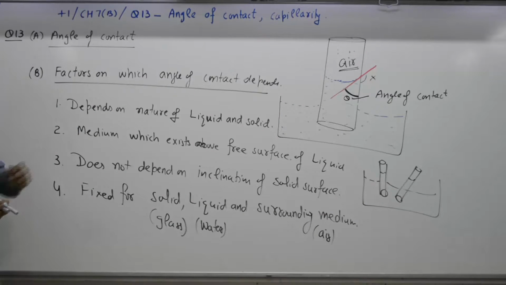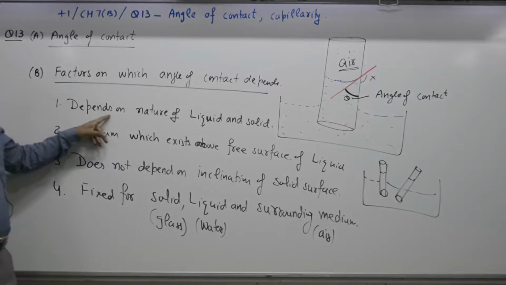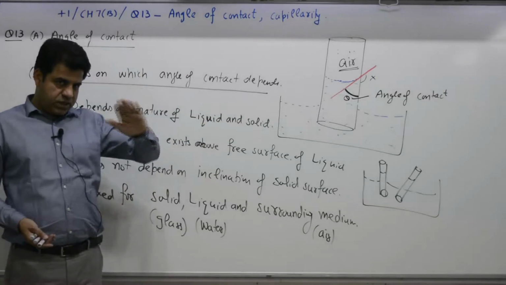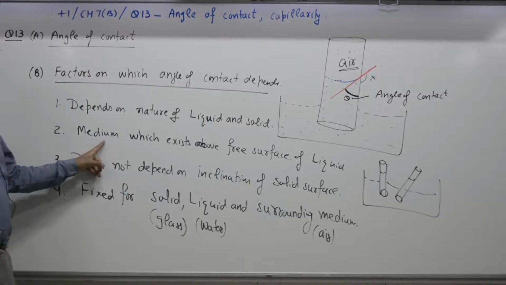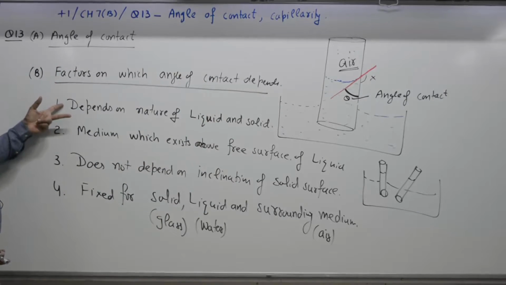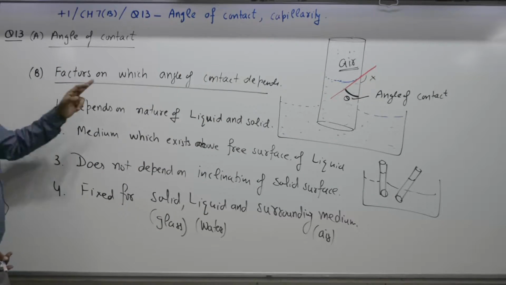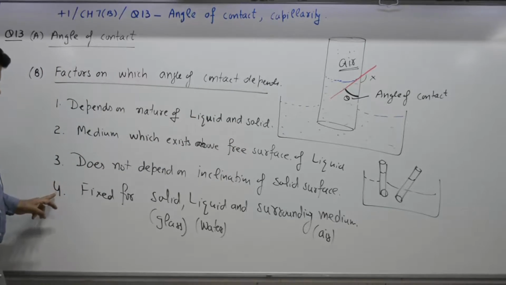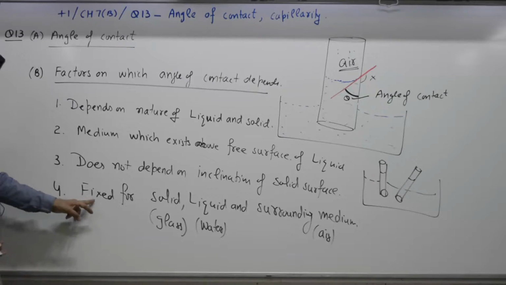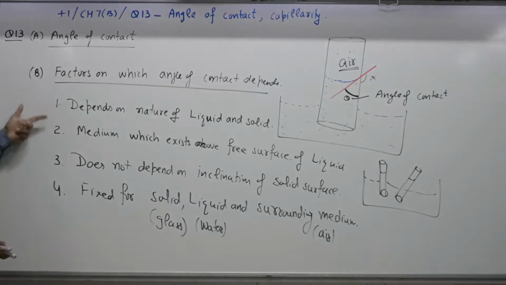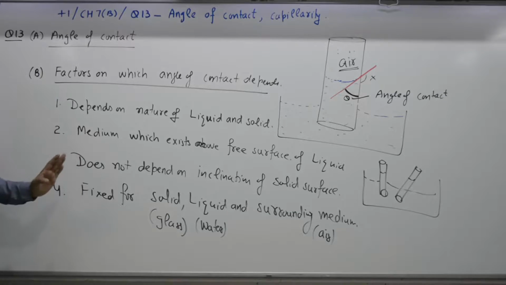So, we summarize B part. Depends on nature of liquid and solid, water and glass. Depends on the medium, that is air. If you combine 1 and 2, it depends on liquid, solid and medium. Fourth point is depends on solid, liquid and medium. So 1, 2 and 4 mean the same.